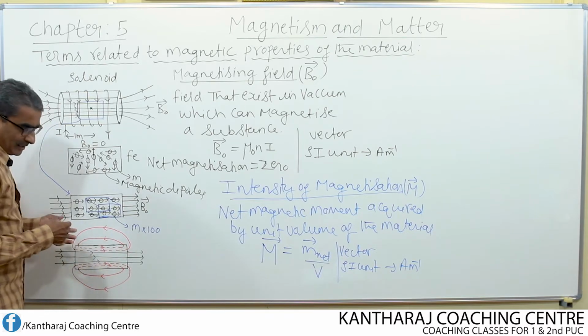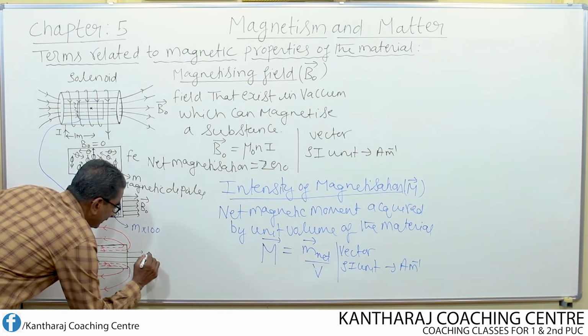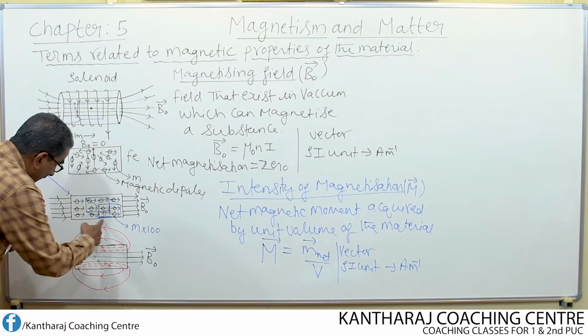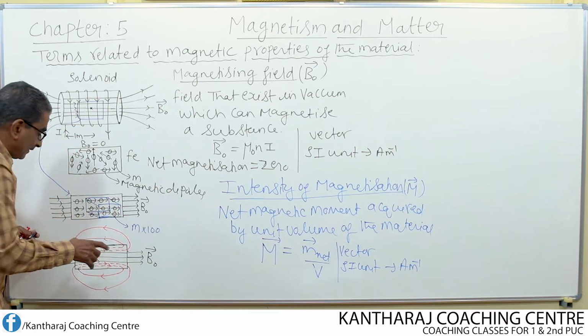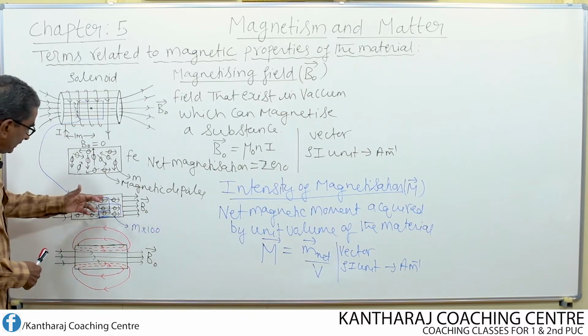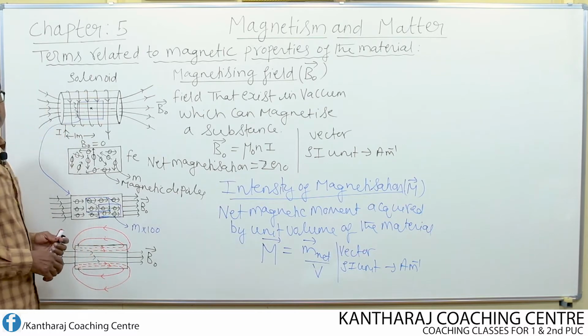So this is nothing but the magnetizing field due to the solenoid. Then these are the magnetic field lines possessed because of magnetization of this material. Once this material becomes a magnet, then it will have its own magnetic field.